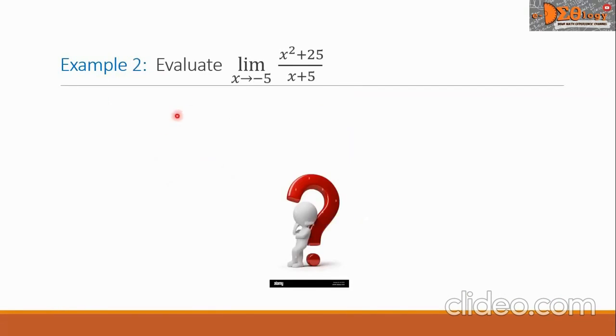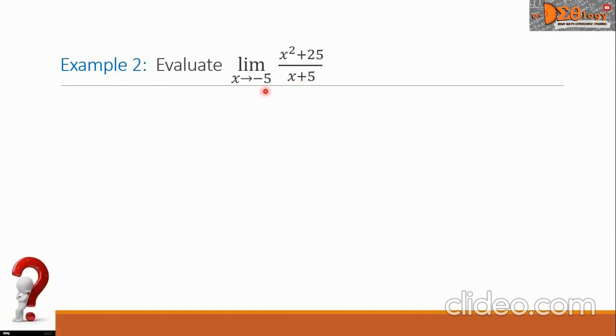Example 2. Evaluate the limit of x squared plus 25 over x plus 5 as x approaches negative 5. Let us copy this problem again down here, and then let us evaluate the limit. Let us substitute the value negative 5 to the x of the function here.